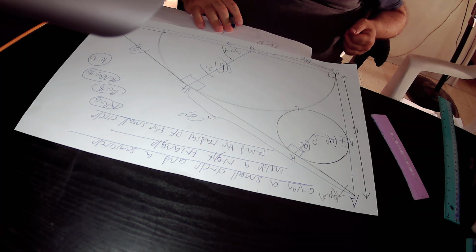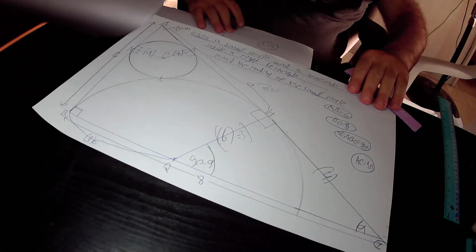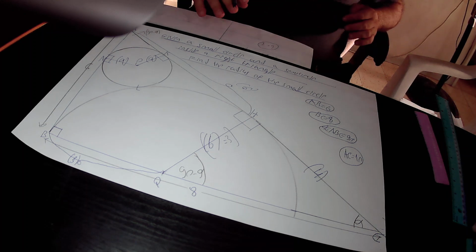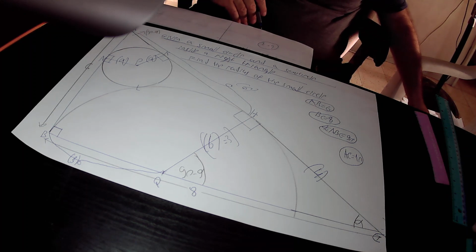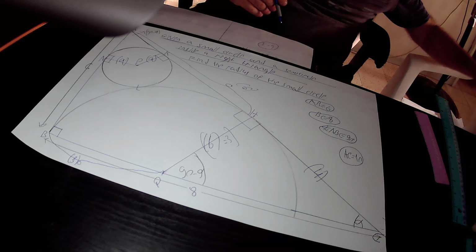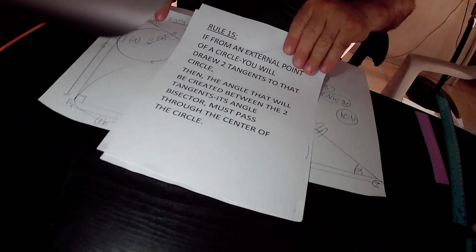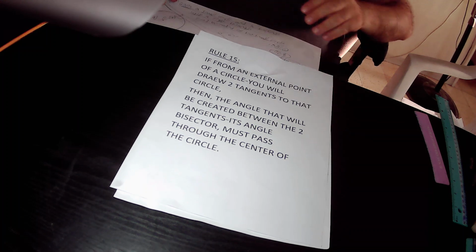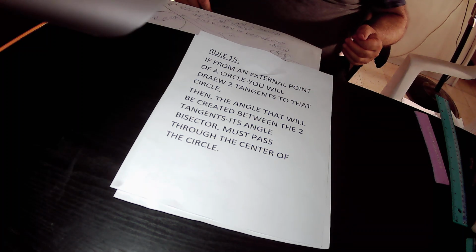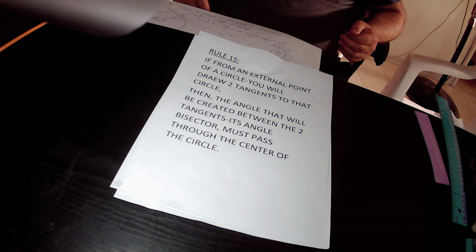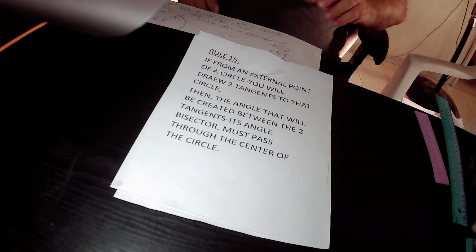In the next step, I will present to you a new rule, and we will implement the new rule in our drawing. The new rule is rule 15. According to rule 15, from an external point of a circle, you draw two tangents to that circle.